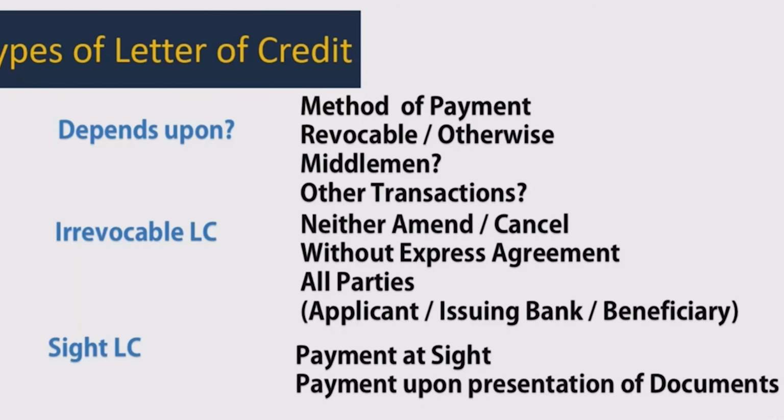So here the payment is happening on or upon presentation of documents. Even though we say sight, it would take a minimum of say 7 days, or sometimes 7 plus 7 plus 7, 21 days. Okay, so that's about sight LC.